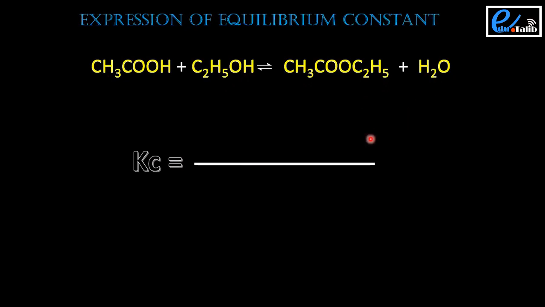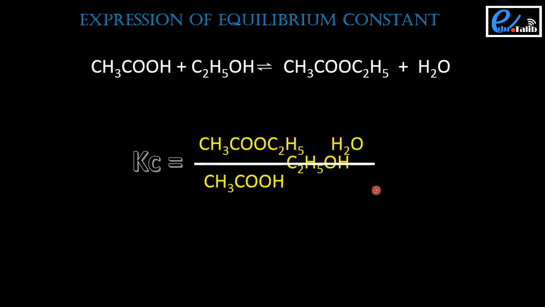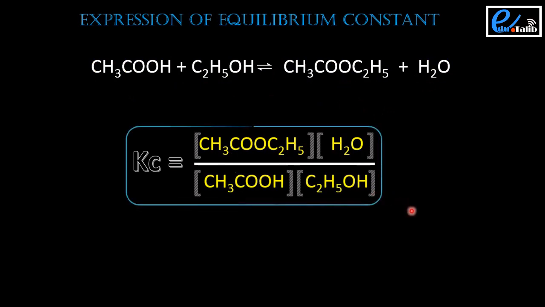First, we have to write both the products in the numerator side and both the reactants in the denominator side. So one by one, we have to place the reactants and the products. Now, as we have learned earlier, we place the square bracket for all the reactants and the products, and this is called the Kc expression.